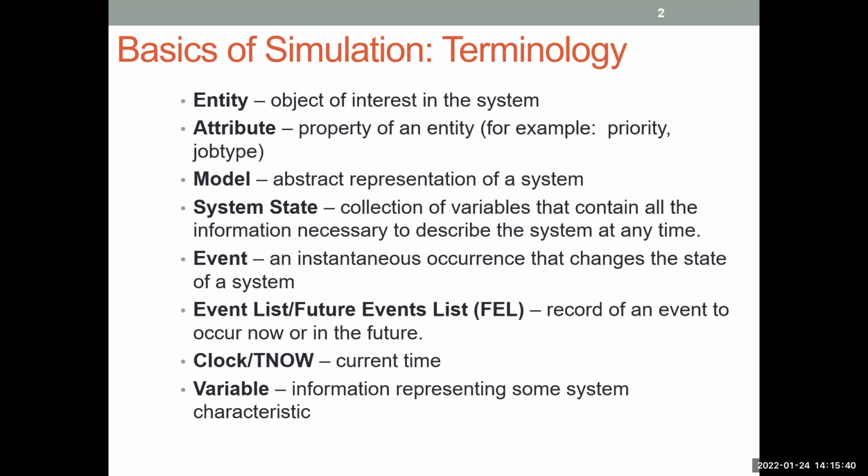An event is an instantaneous occurrence that changes the state of a system. So an event could be, for example, a machine is idle, an arrival happened, and now the machine is busy. What we call an event is the arrival of the part that is changing the status of the machine from idle to busy. An event list is a set of future events, a record of an event to occur now or in the future.